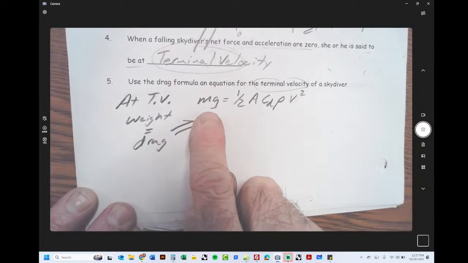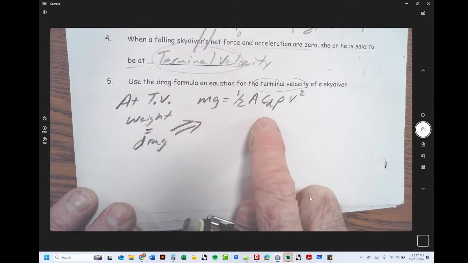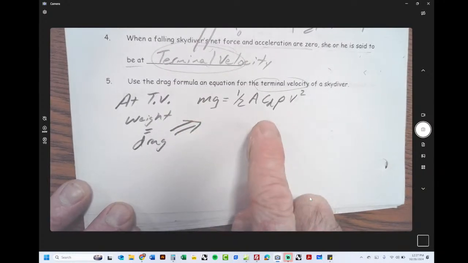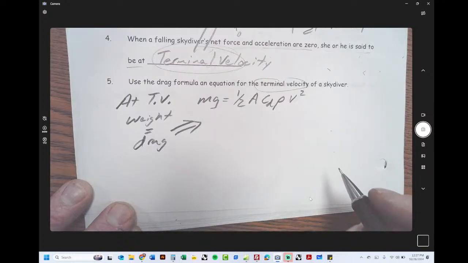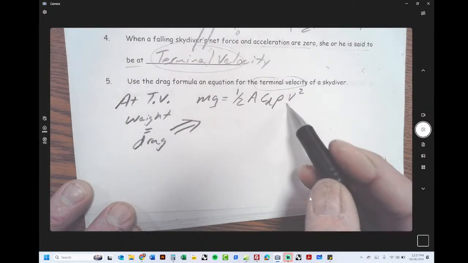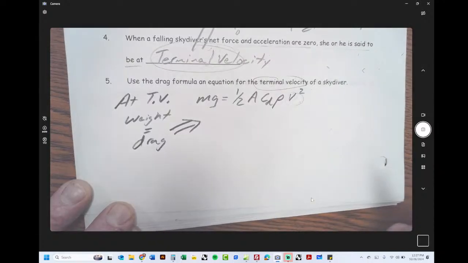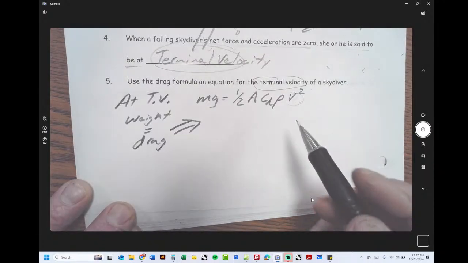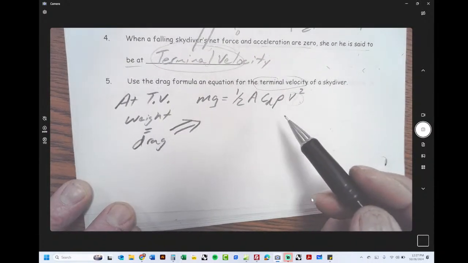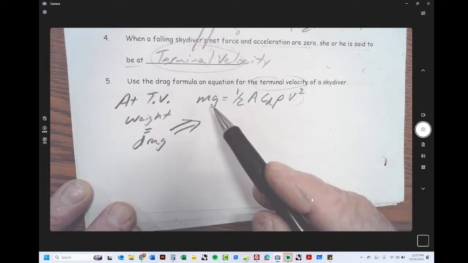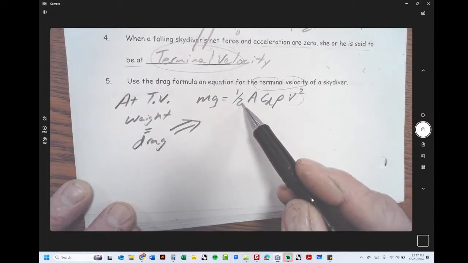And of all these letters, we've got mg, A, C_D, rho, V. Which one of those is the terminal velocity? That's the V. This is the V we're looking for. So I just need to solve for V. I'll do this in a couple of steps. I'm going to multiply both sides by 2 and divide both sides by what?